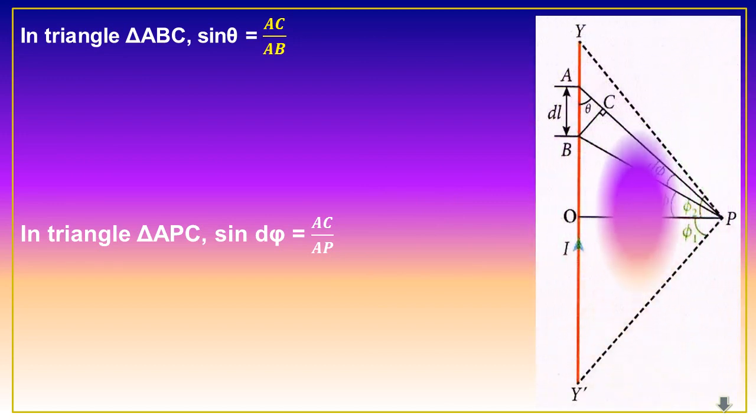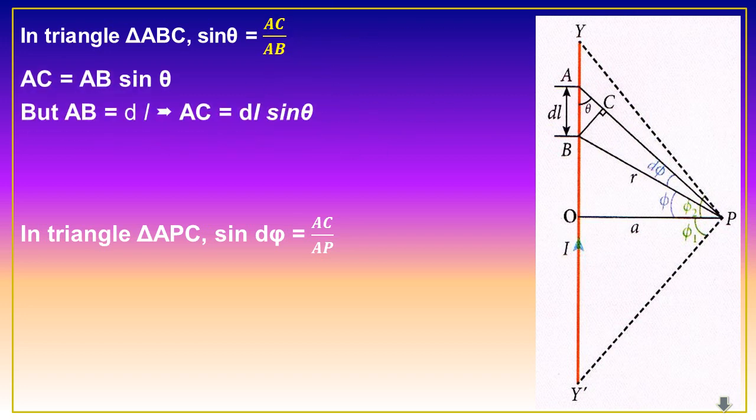Now let's take the triangle ABC. As you know, by the opposite side over hypotenuse rule, sin theta is equal to AC divided by AB. So AC is equal to AB sin theta.